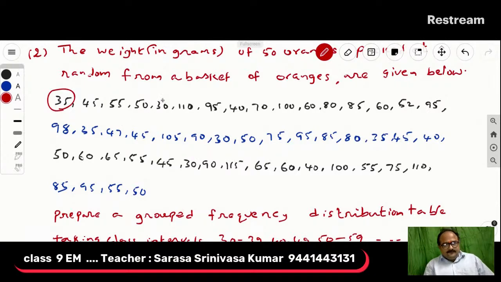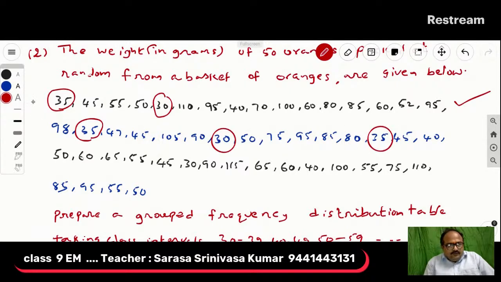In the first row, there are only two values: 35, 30. Next, 35. So how many in the first row? Two oranges are there. In the second row, there are three oranges having the weight from 30 to 39 grams.